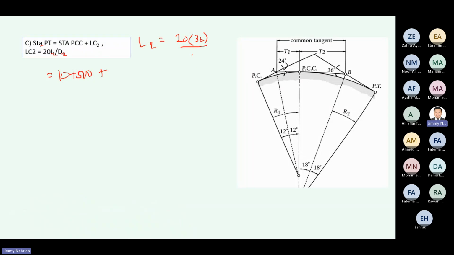All right. What's the value of this one? 5 times 36, 180. In other words, for station PT, because we already have PCC, you add over there your length of curve 2. Then you have 10 plus 500 plus 180 will give you station PT is 10 plus 680.